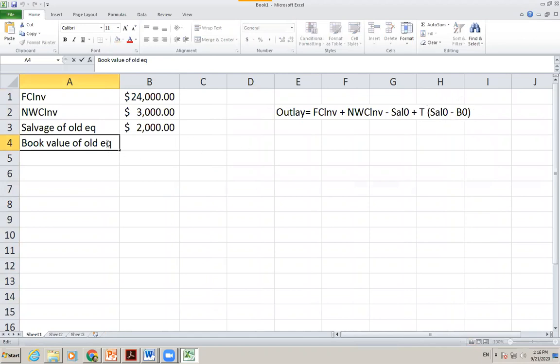Book value of old equipment, and let me call it T times S minus B, or S0 minus B0 to make it more clear. So in here I'm gonna find the book value, but with the tax rate, if the federal tax rate is 40%.